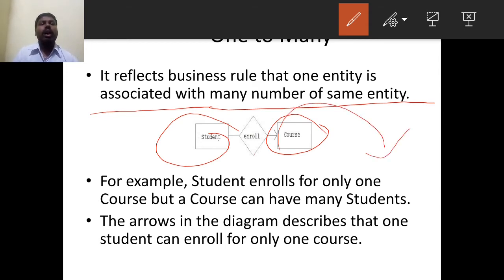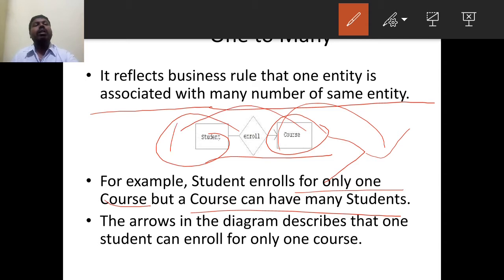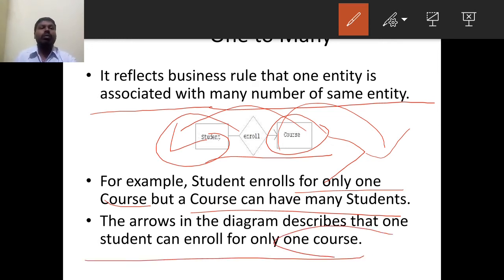Here there is no arrow mark. See, the student enrolls for only one course, but a course has many students. Yes, this is possible. So what does one to many mean? A student can enroll in only one course, but a course has many students. One to many. Understand? This arrow in the diagram describes that one student can enroll in only one course. Understand?